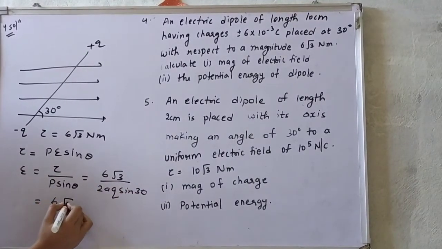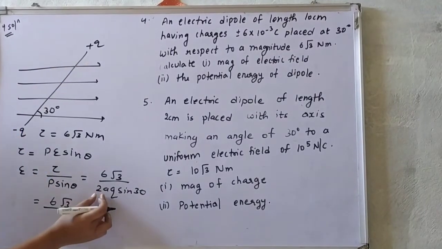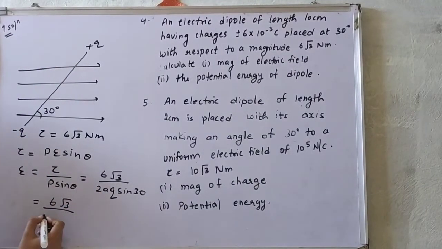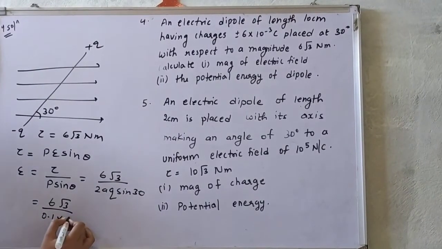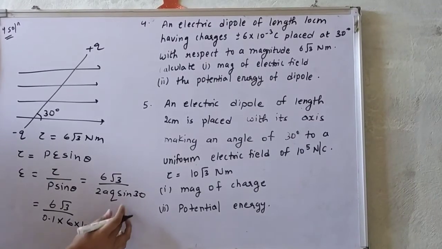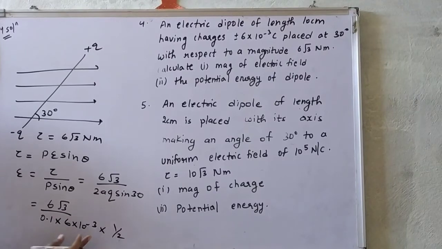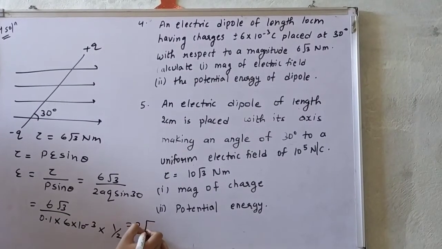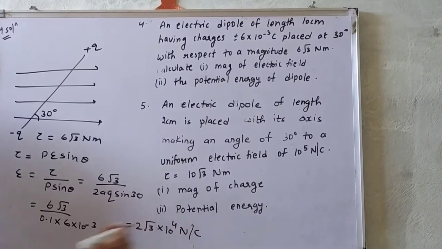The length of the dipole is given, 10 centimeter, so 2a is equal to 0.1. The value of q is 6 multiplied by 10 raised to power minus 3, and the value of sin 30 is 1 upon 2. When you solve it, you will get the answer 2 root 3 multiplied by 10 raised to power 4 Newton per coulomb.